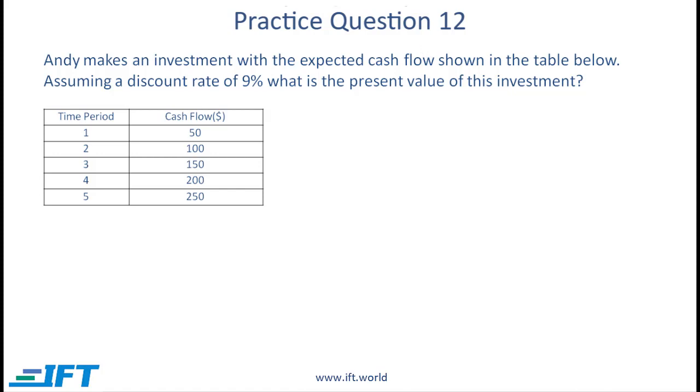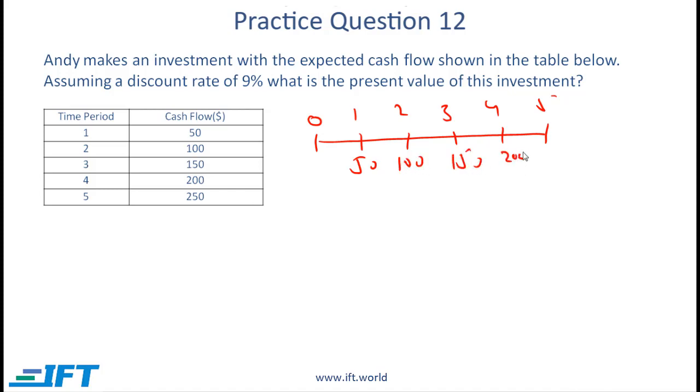Let's do this example. The first thing you should do here is create your timeline. So you have 5 time periods and 5 payments happening at the end of each of those periods. The payments are 50, 100, 150, 200 and 250.